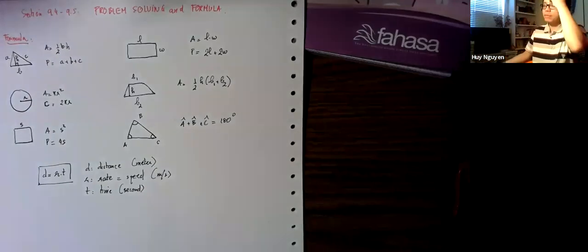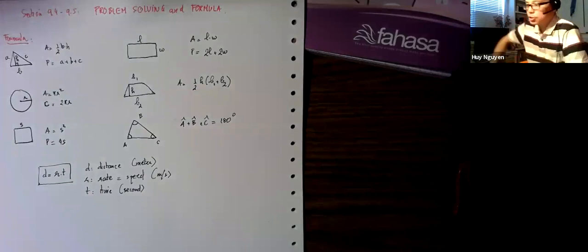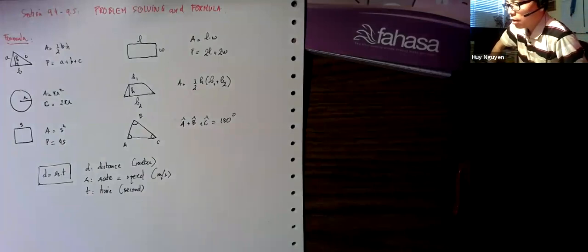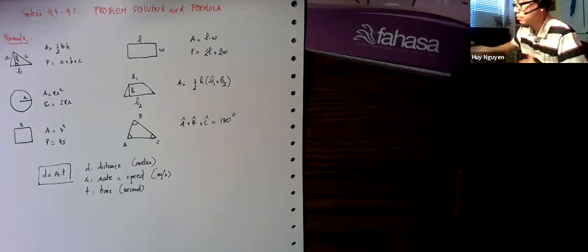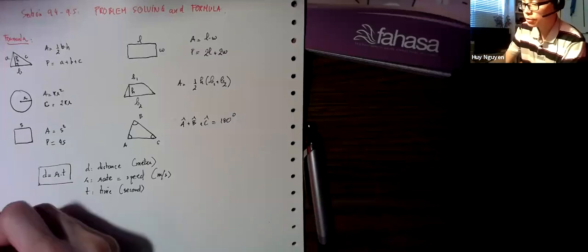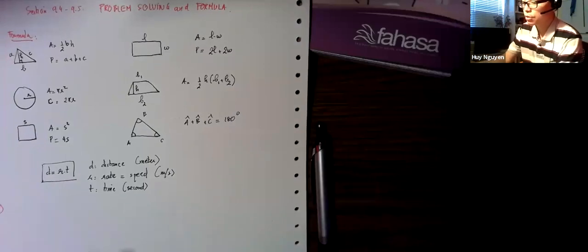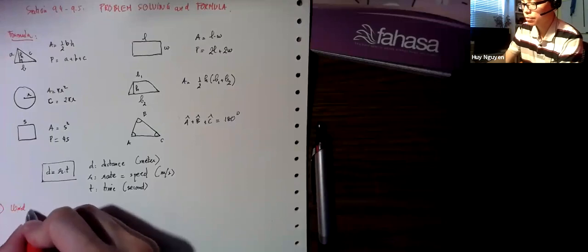But remember, when you deal with word problems, units are very important. So make sure you have a unit at the end of your final answer. That is the general information you are required to memorize to start with any word application problem. So now, the second problem. I'm going to go to the word problem immediately.